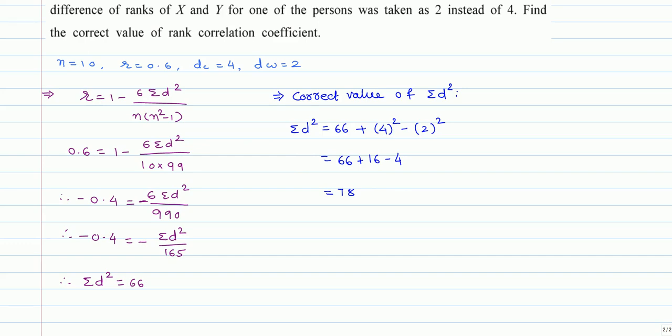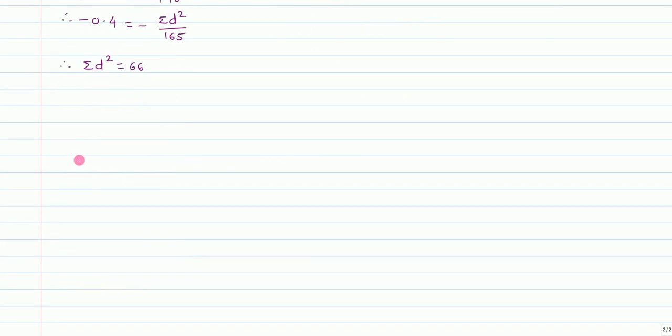Now find out R, the correct value of the correlation coefficient. R equals 1 minus 6 sigma D square divided by n of n square minus 1, equals 1 minus 6 into sigma D square.